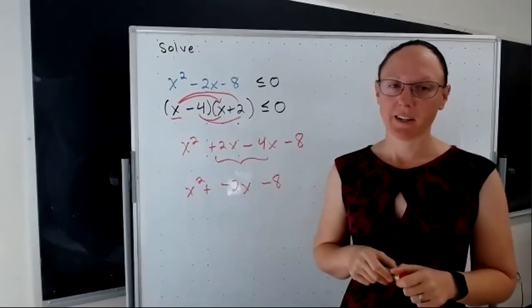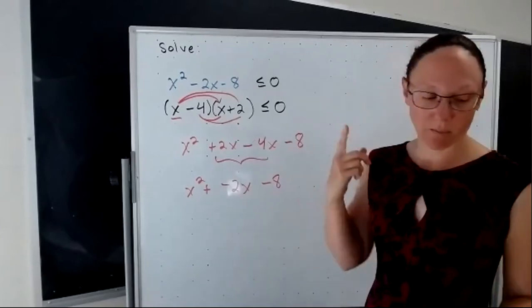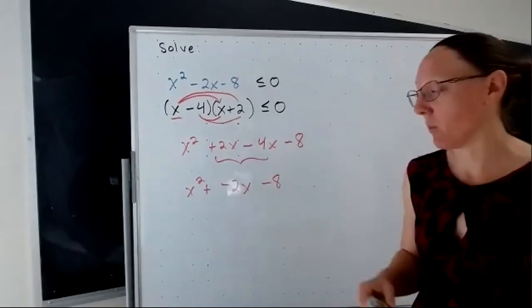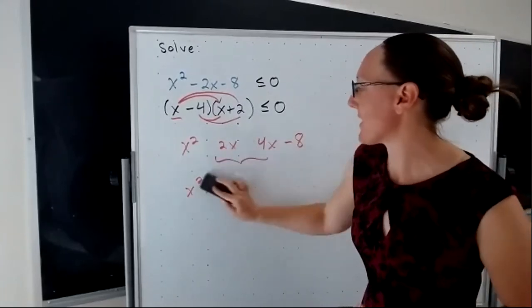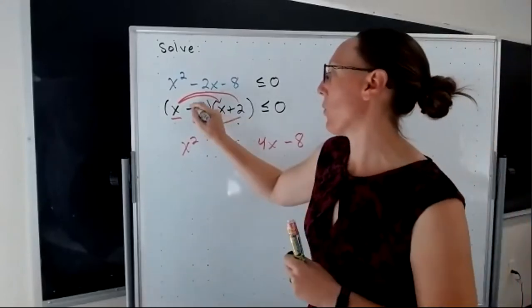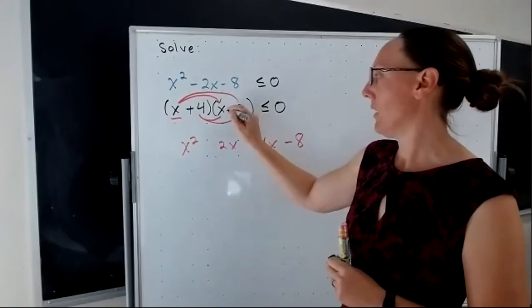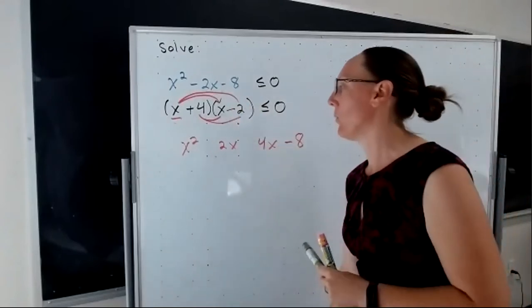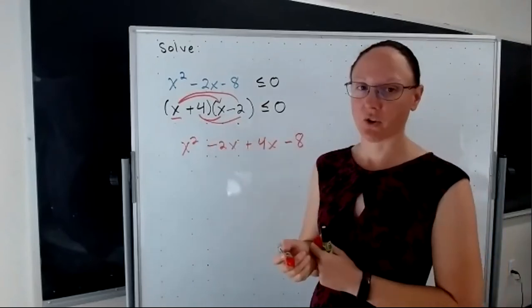Can it be plus 4, minus 2? If it's plus 4, minus 2, then what would happen when we multiply that out is the signs on these would be switched, right? If this were plus 4 and then minus 2, when we distribute it, we'd end up with a positive 4x and a negative 2x.